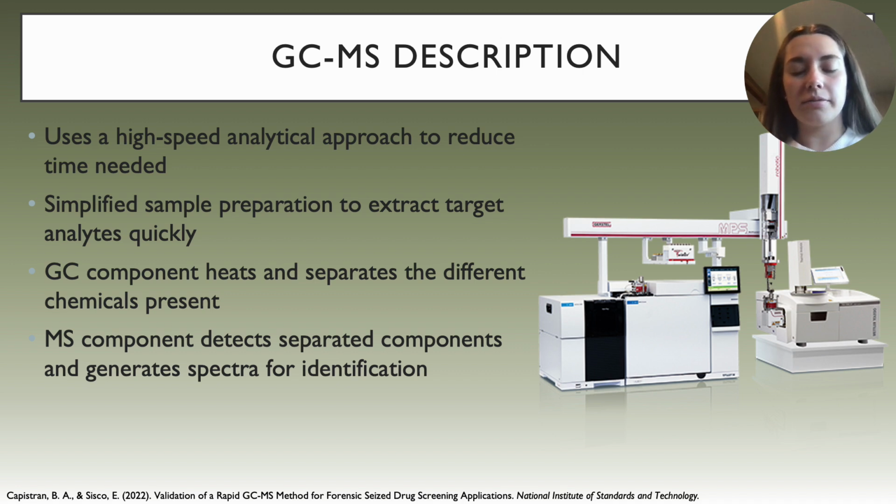The gas chromatography component heats and separates the different chemicals that are present and keeps those completely separate. And then the mass spectrometry component comes in and it's able to detect those separated components separately, and then it creates a spectra per component for identification. So you are able to compare those two, know the mass of the component present, and determine what chemical compound it is.